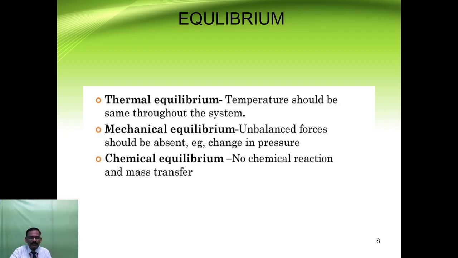Then it is called the system is in chemical equilibrium. So here we are seeing three equilibriums: one is thermal, second mechanical, third chemical. They relate to temperature, unbalanced force, and chemical reaction. So these are the properties related to this equilibrium.